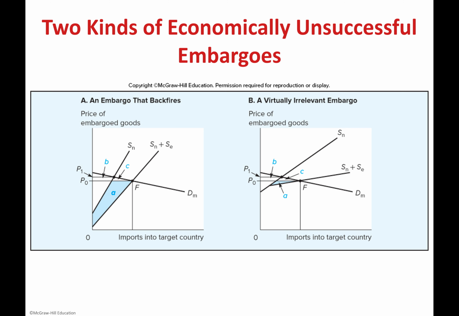So in other words, what happens here is the price goes up, sure, the quantity goes down for the importing country, but the loss of consumer surplus is minute, and the loss of producer surplus to the embargoing country is minute. So it really doesn't make much difference, the embargo in this case at all.